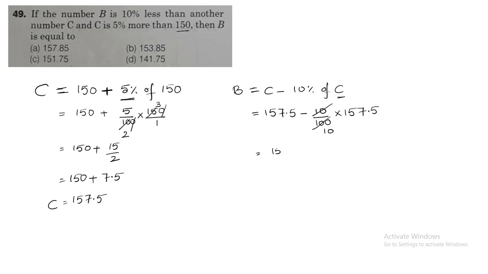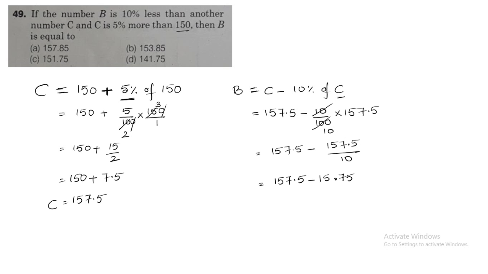So what am I going to get? 157.5 minus 157.5 by 10. Whenever you have 10 in the denominator, the decimal place shifts one place to the left. Then I can write 157.5 minus 15.75.